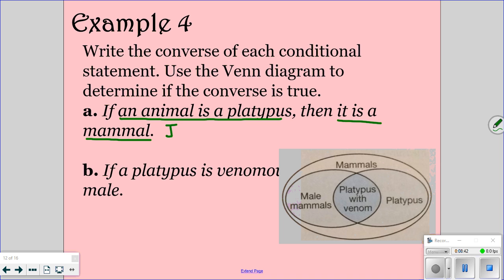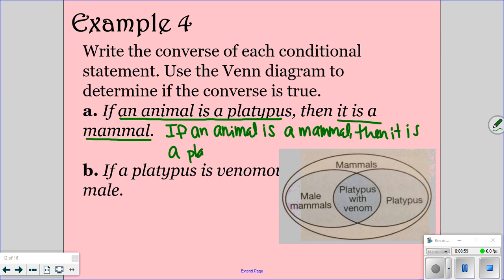Hopefully you're thinking if an animal is a mammal, then it is a platypus. And so if an animal is a mammal, then it is a platypus.